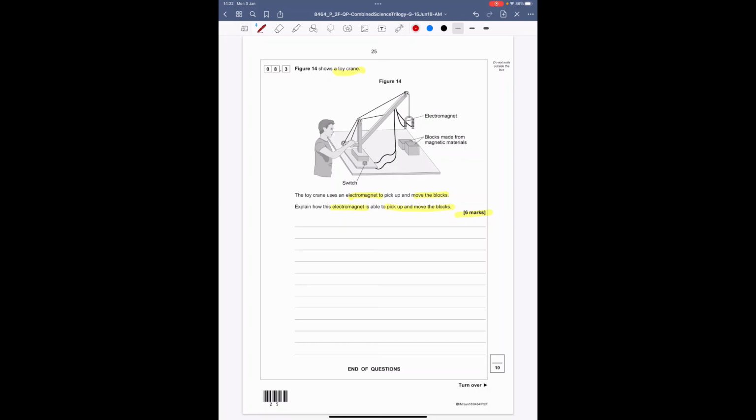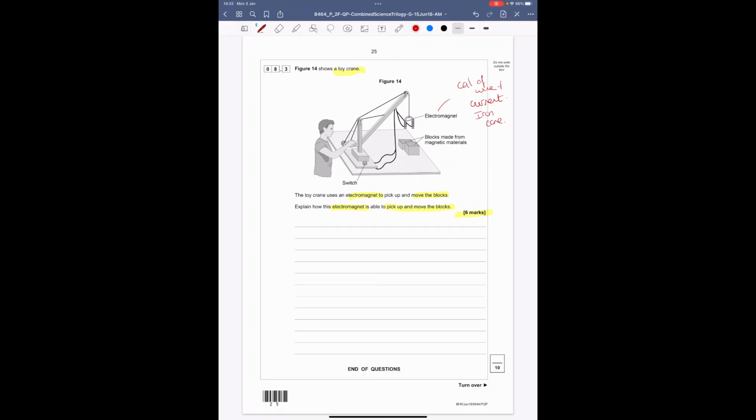So we should know an electromagnet is a coil of wire and a current that is flowing through it with an iron core. And that's what we've got here. We've got a power supply, we've got a wire, it's going round the electromagnet, around the iron core, and when the current is flowing, that will generate a magnetic field.